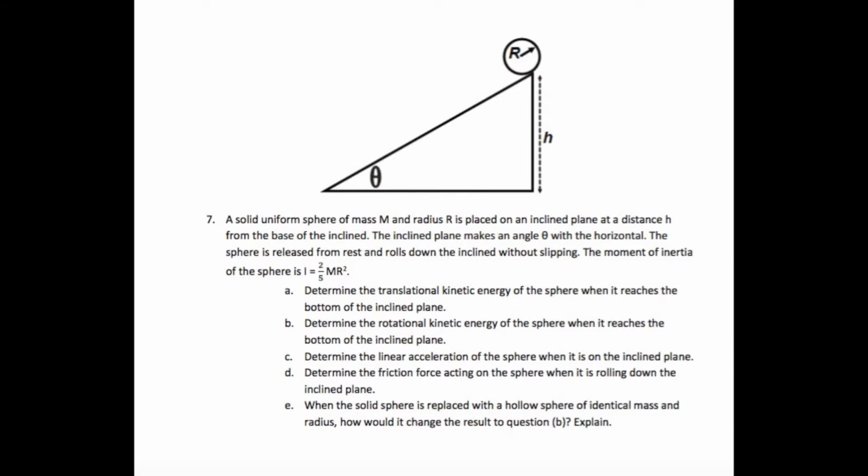We also have the given mass of the sphere, radius of the sphere, height of the incline, and angle. Let's see what we can do with this problem. We will not be solving all parts of the problem because not all of them deal with rotational energy. However, we will be solving all of the parts that do deal with rotational energy.